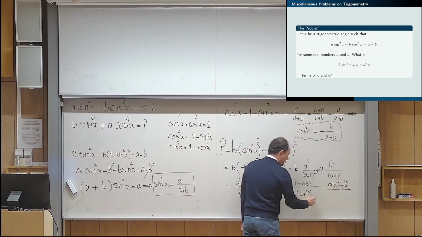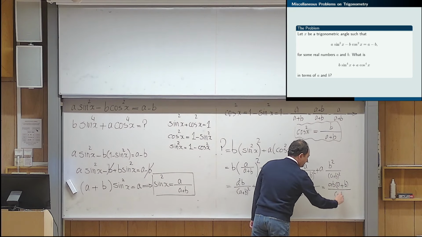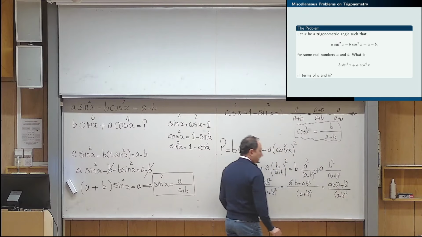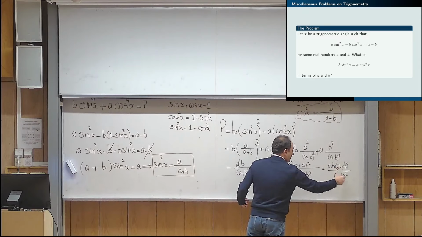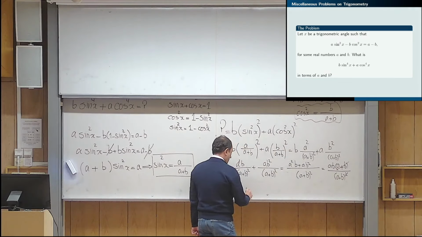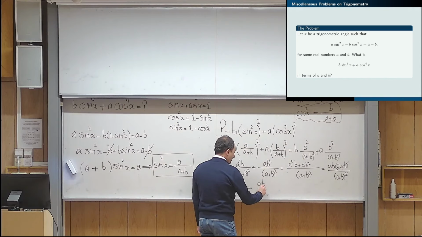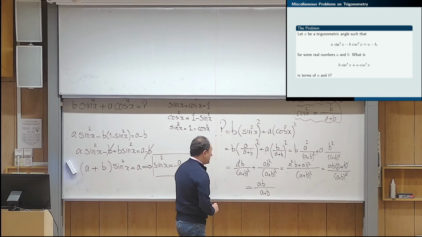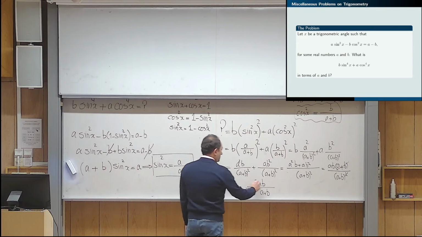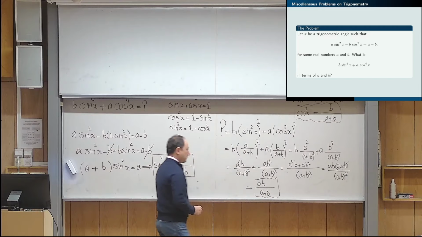And then divided by a plus b squared. And now one of these a plus b's is gone. So from the numerator, I have ab left, and in the denominator, I have a plus b. So this means that this question mark is indeed equal to this expression.